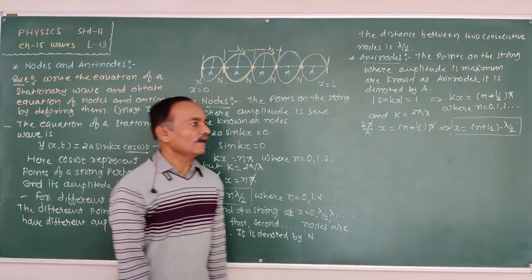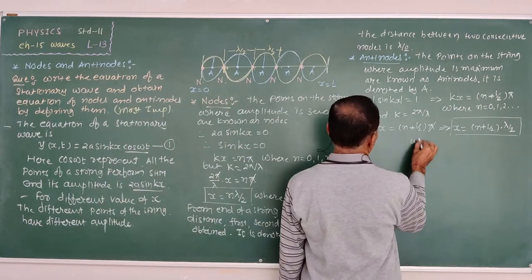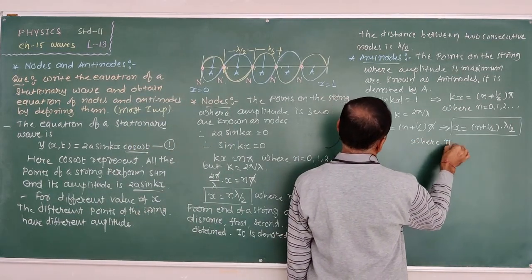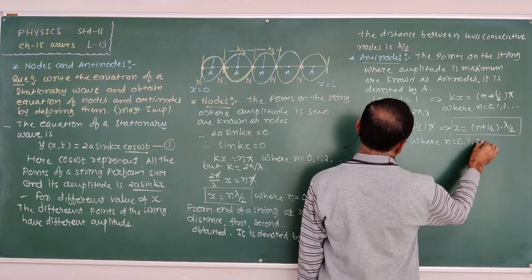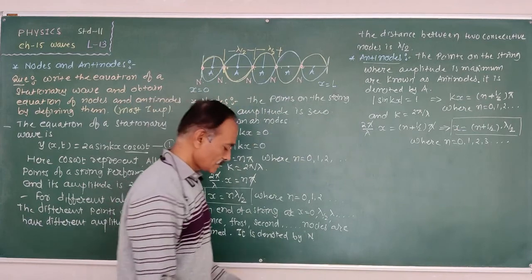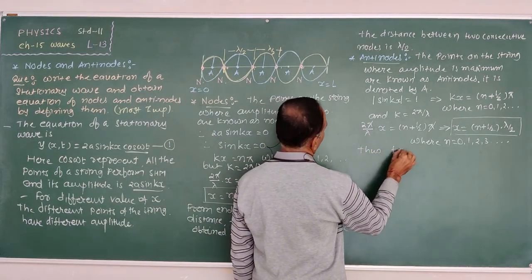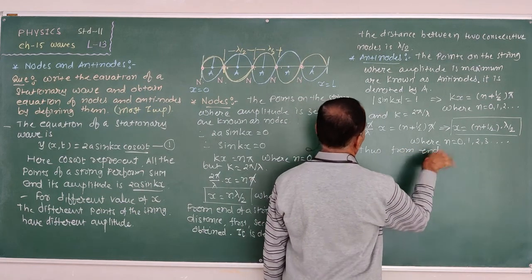That is the equation of antinode, where also n is equal to 0, 1, 2, 3, and so on.